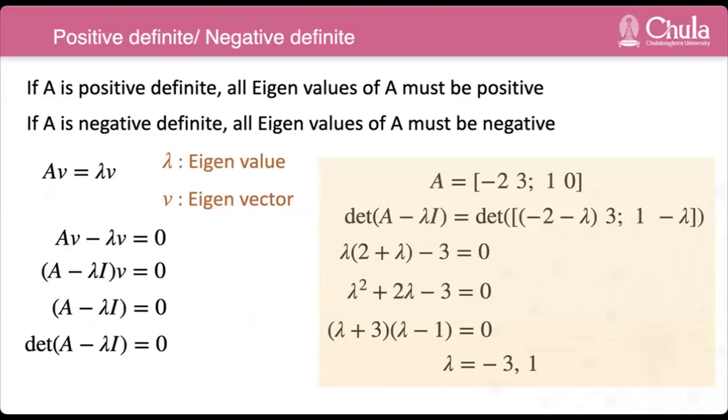And for a negative definite matrix, all eigenvalues of A must be negative. Just that. All you have to do is find the eigenvalues. You don't need the eigenvectors, just the eigenvalues.